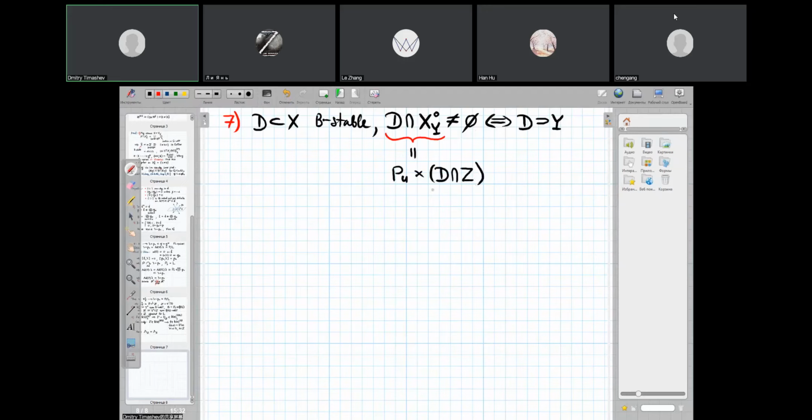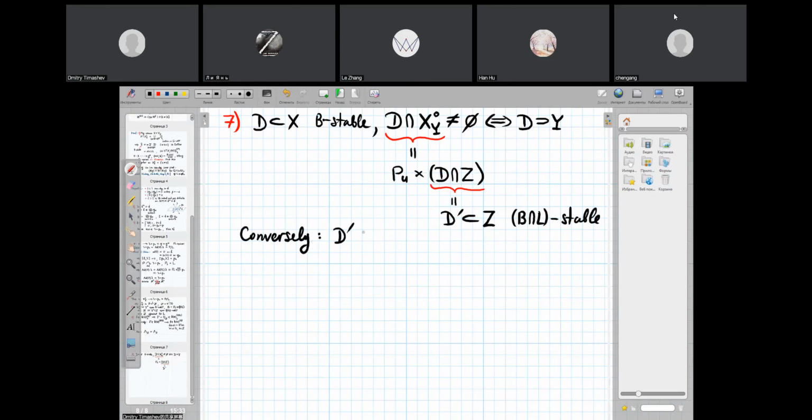And this intersection, let me denote it by D prime, is a prime B intersect with L stable divisor in Z. It is stable under the Borel subgroup in L. And conversely, any B intersect with L stable prime divisor in Z is of this form.